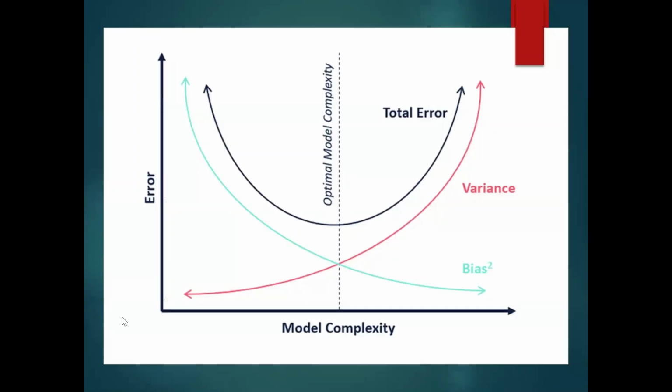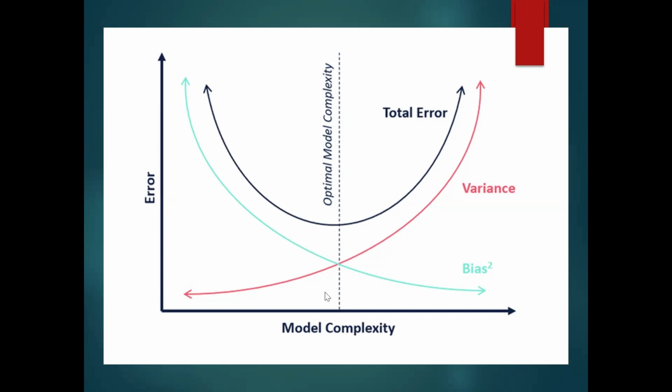So when you increase your model complexity, then usually your error will be reduced, right? And the variations will be high. The variance will be high. So what we need is the balance of these two, bias and variance, which we call optimal model complexity, right? So our model should be complex enough to get very high accuracy.